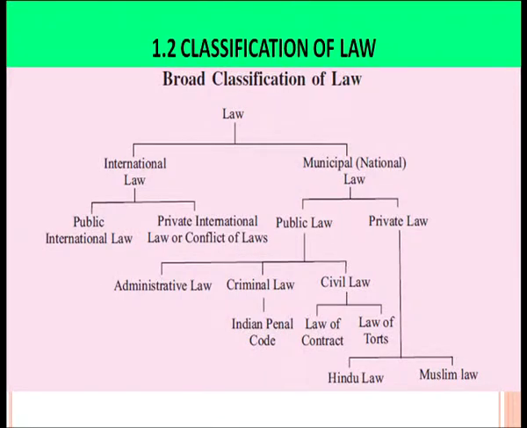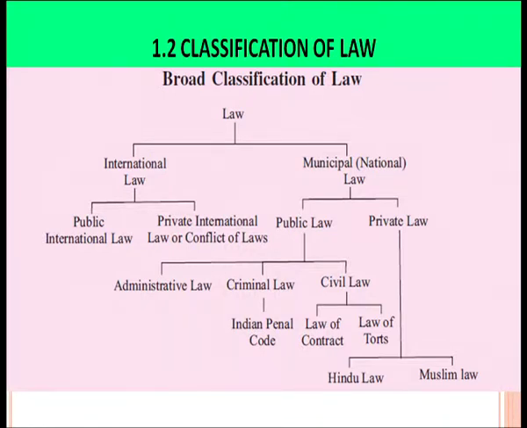Alright, so let us now proceed to the second component of this chapter. It is about the broad classification of law. What are the various categories under which the law can be categorized? If you can see this chart which is prescribed in your senior secondary book number 1, it says that law can be divided into various categories.